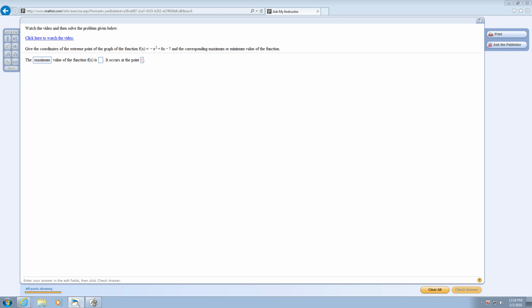Negative parentheses x squared minus 8x plus blank is equal to 7 minus or plus a negative 1 times blank.